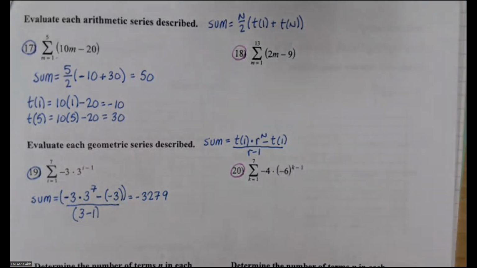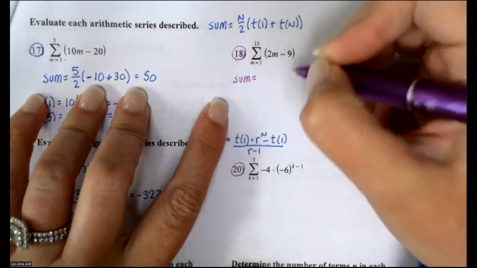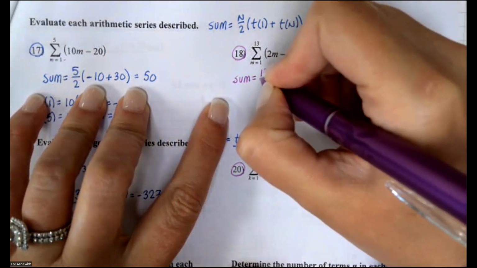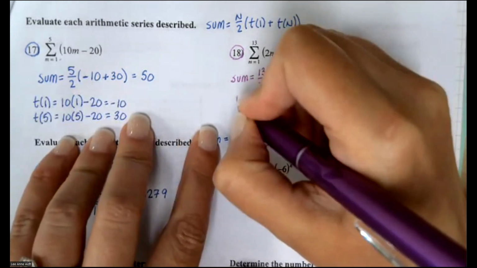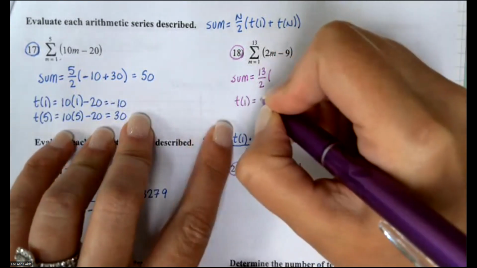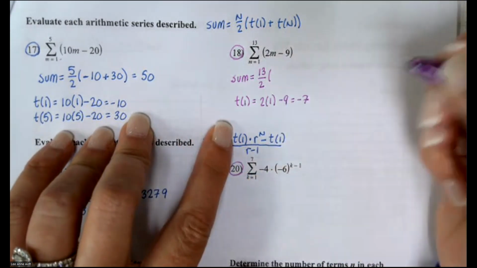So number 18, sum equals n over 2. First term, I'm going to find by plugging in a 1. 2 times 1 minus 9 is negative 7.